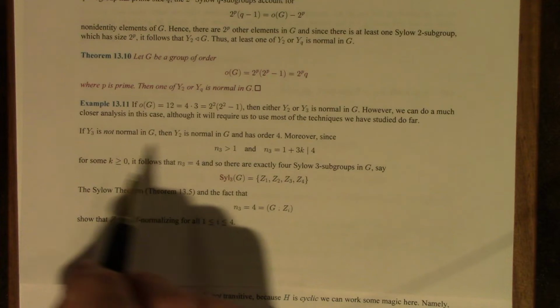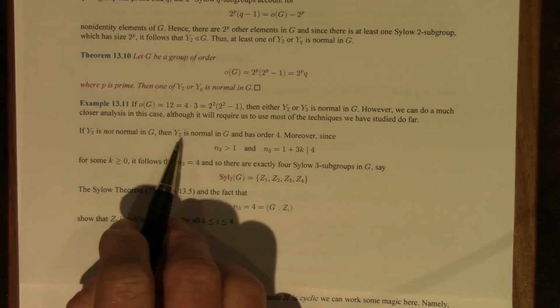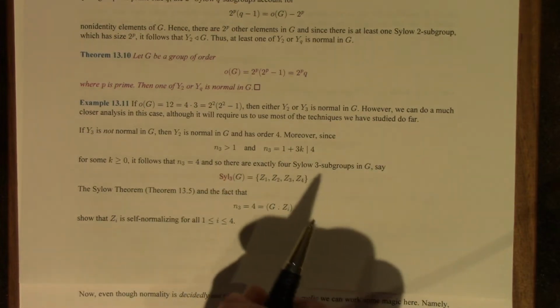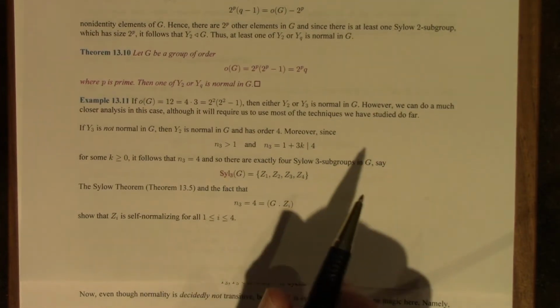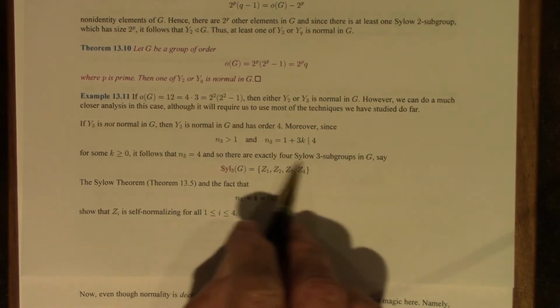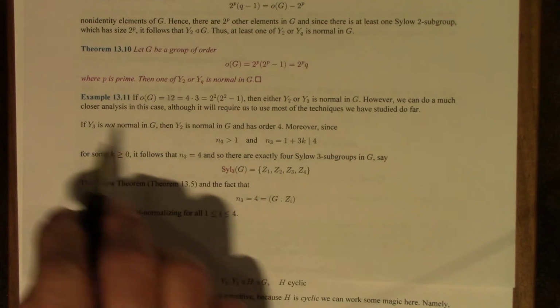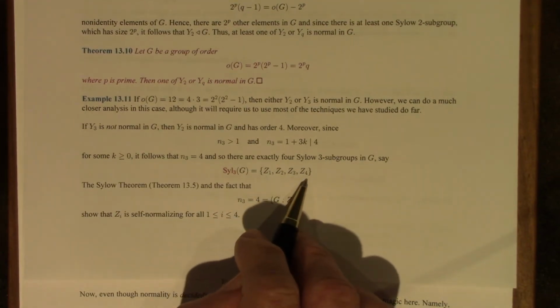subgroups in G. Again, if Y3 is not normal, Y2 is normal, and we can conclude from the arithmetic, the P condition, that N3 equals 4. There are 4 Sylow 3 subgroups.